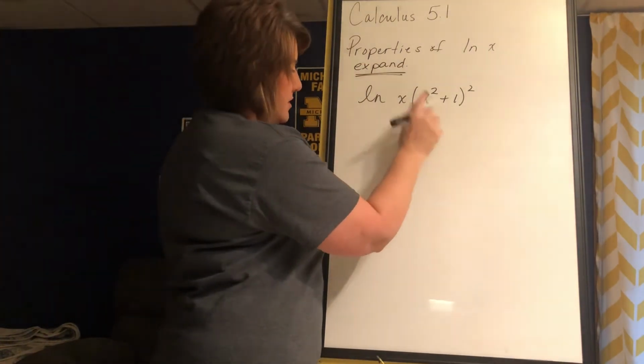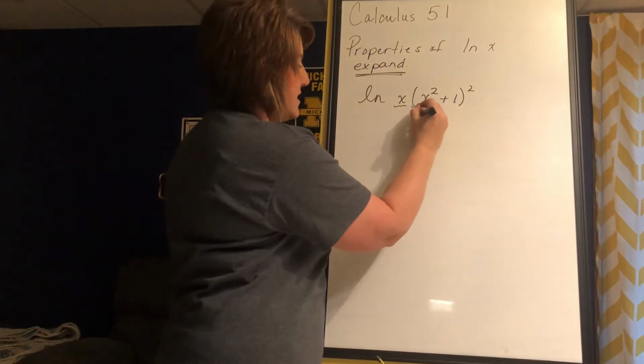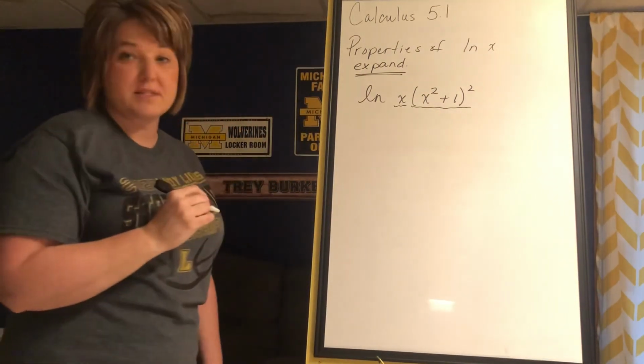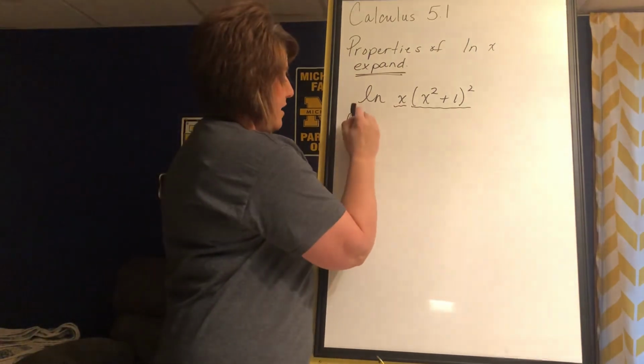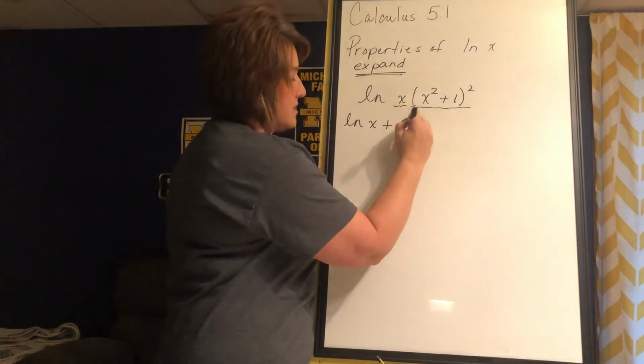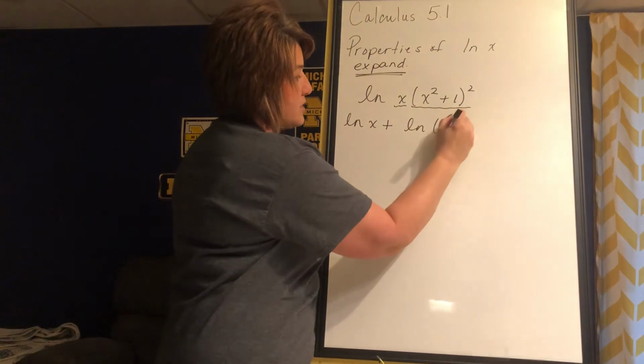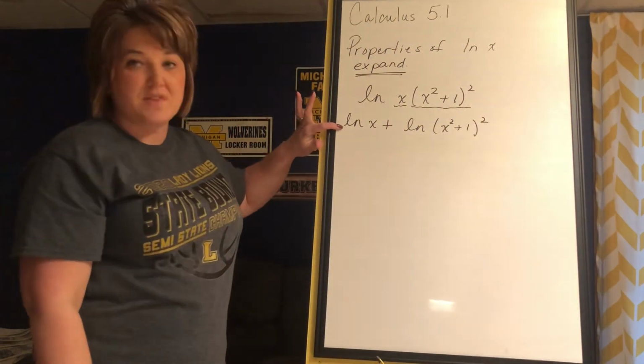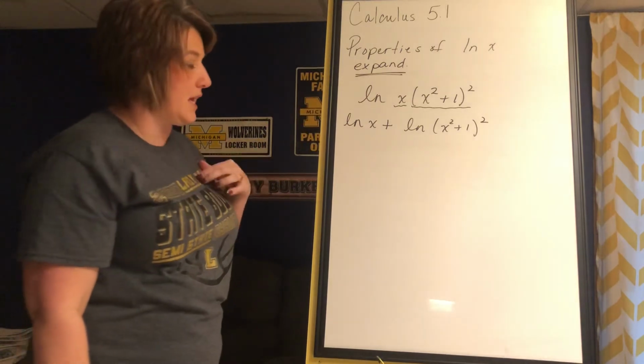This is a product. I have x times this whole thing, so that's the only way that you can separate them at the beginning. So this will be ln of x plus the ln of x squared plus 1 squared. I can't do anything else with the first part.